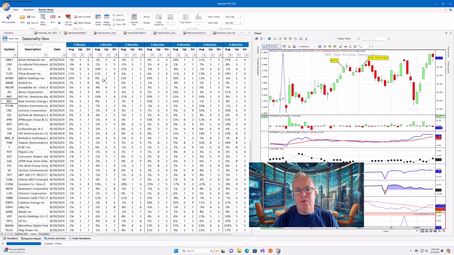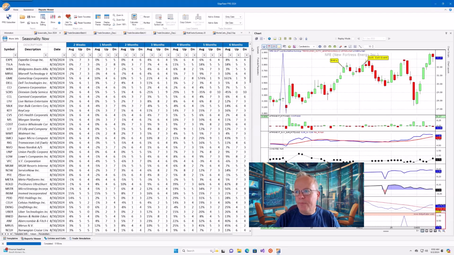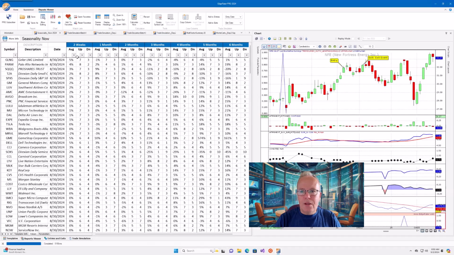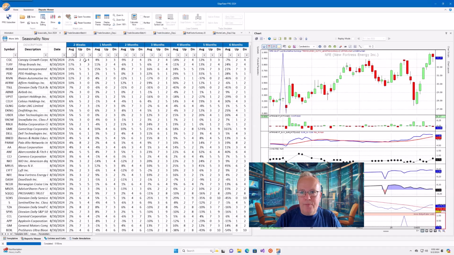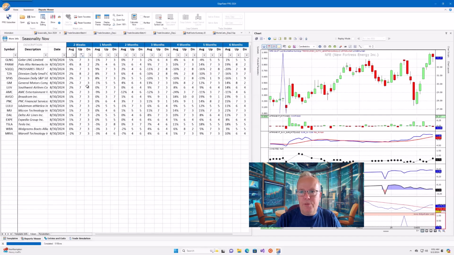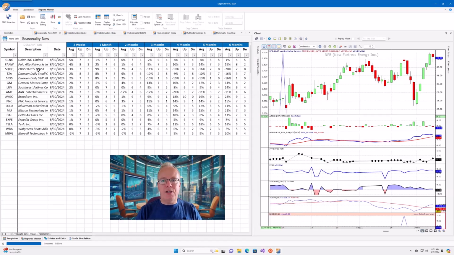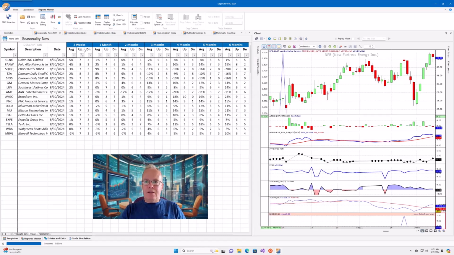Okay, so the simple view, I will sort by average percent up, and I will require there to be at least 8 or 7 up years. Okay, so this is the list essentially of things that could be interesting over the next 2 weeks.